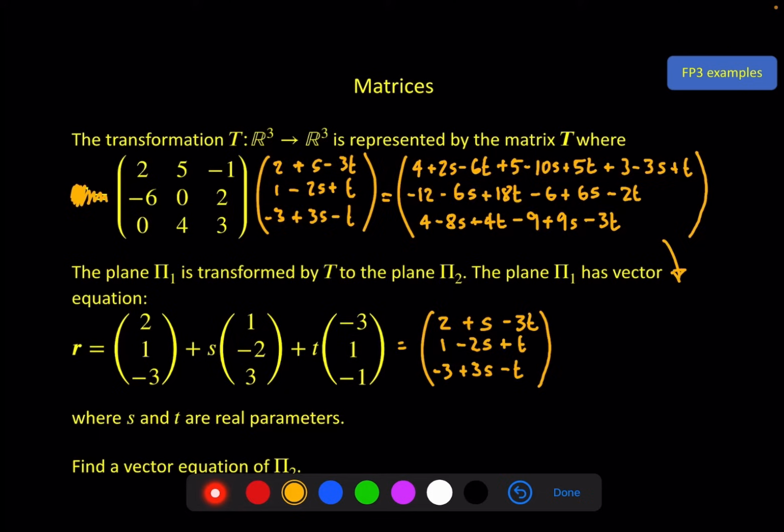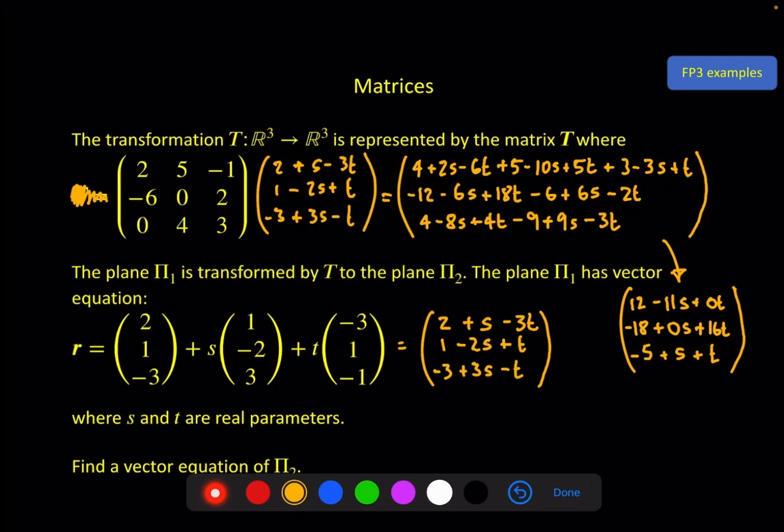And that, if we simplify it, becomes 12 minus 11s plus 0t. I'll write it like that for a second. Minus 18 plus 0s plus 16t. Minus 5 plus s plus t.